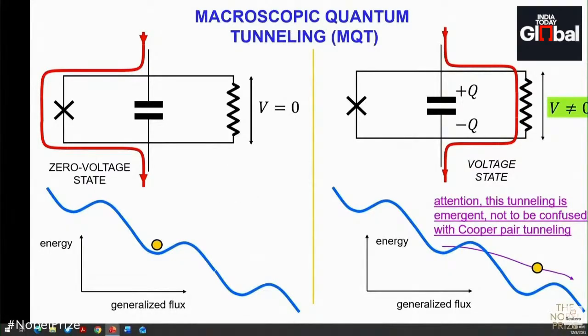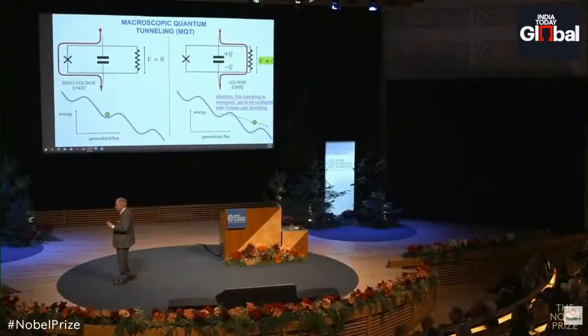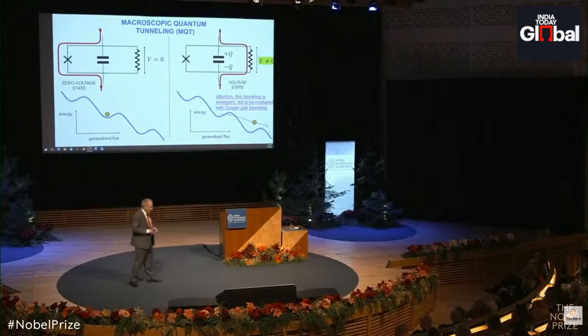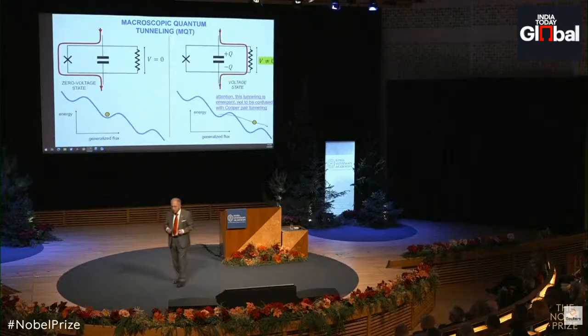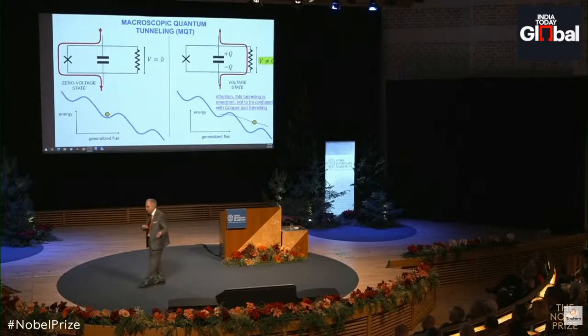Now, I have to say something very important. There are two tunnelings in this experiment. There is tunneling at the level of single electrons that go through the barrier, and that creates the Josephson effect. It creates the shape of the potential. And this tunneling has nothing to do with the switching of the entire circuit from one configuration of the currents into another.